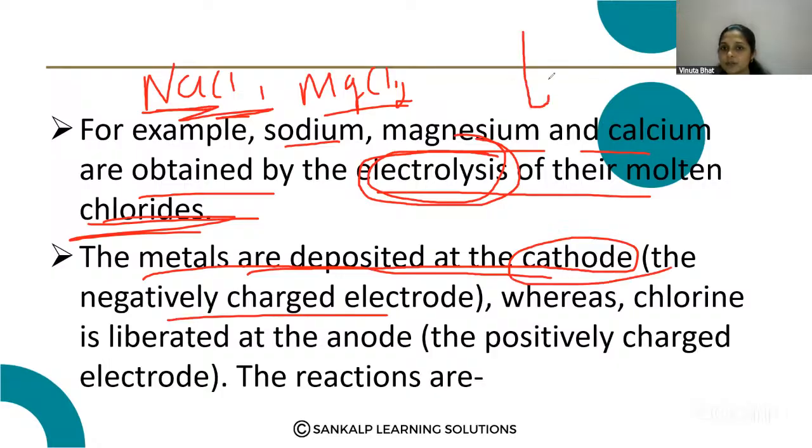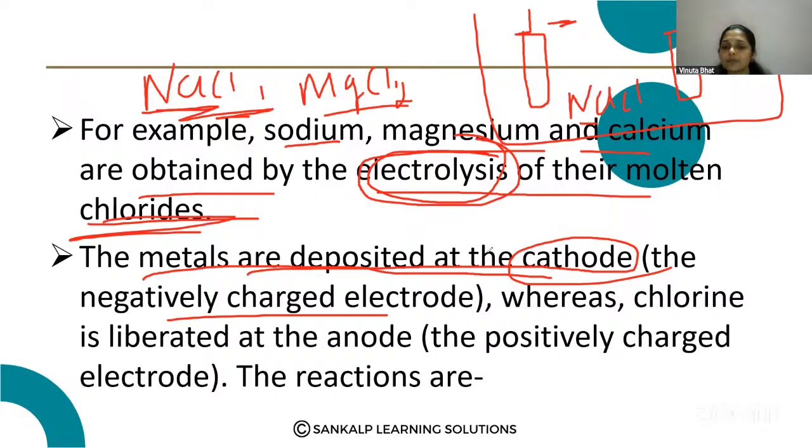Just imagine this is the cathode, negatively charged, and the other electrode is the positively charged electrode. Okay, so this is the anode. So when the molten form of these metals is used, sorry, chloride forms ಅಲ್ವಾ. So chloride forms andre molten chlorides. For example, sodium chloride ide anta ankoli. Sodium chloride ide, ನಾವು sodium ಅನ್ನು obtain ಮಾಡಬೇಕು ಅಂದ್ರೆ.